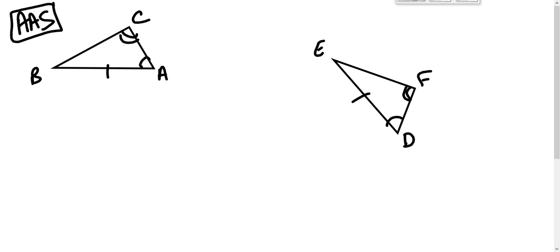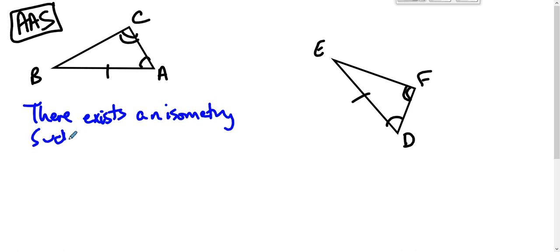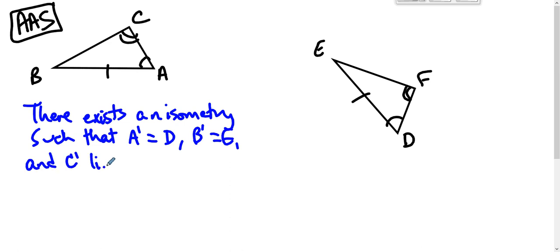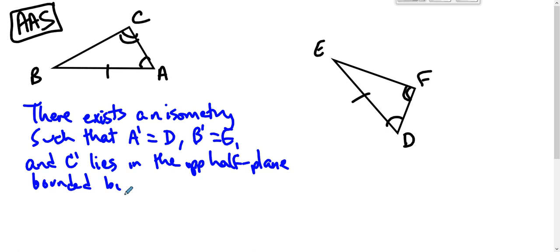And so in a similar way, there exists an isometry such that the image of A is D, the image of B is E, and the image of C lies in the opposite half plane bounded by line DE as F.